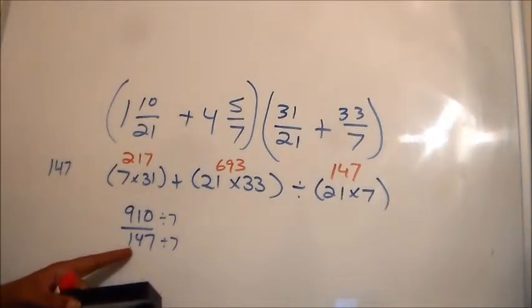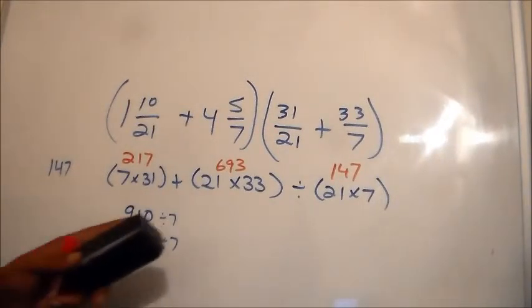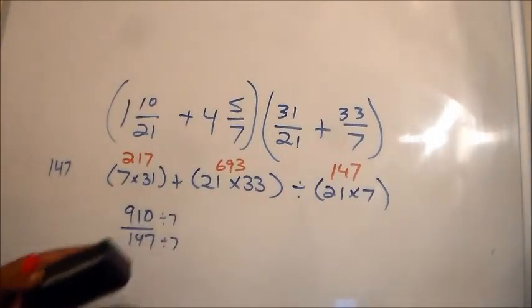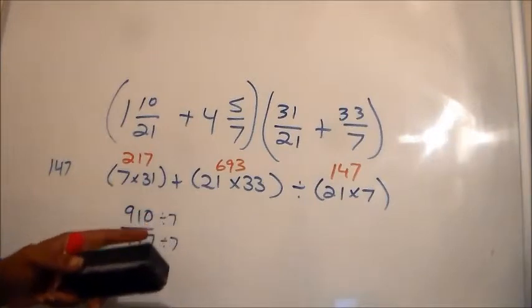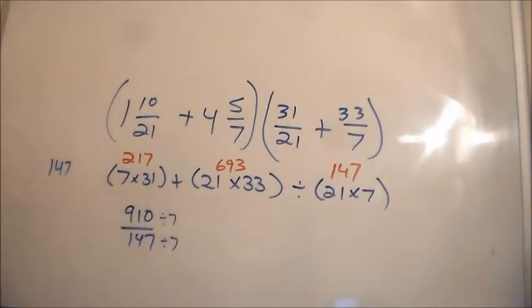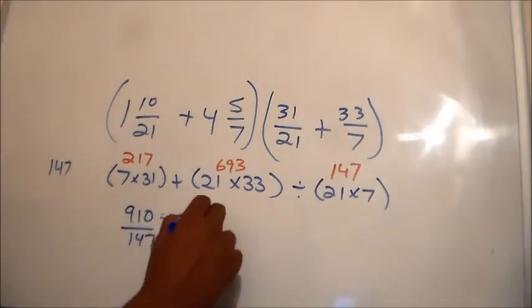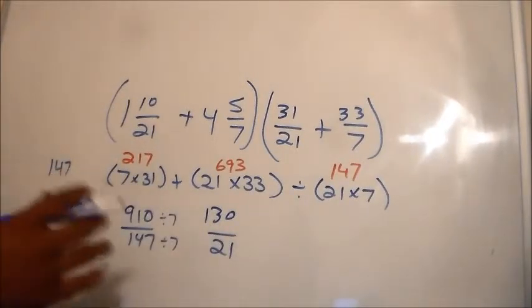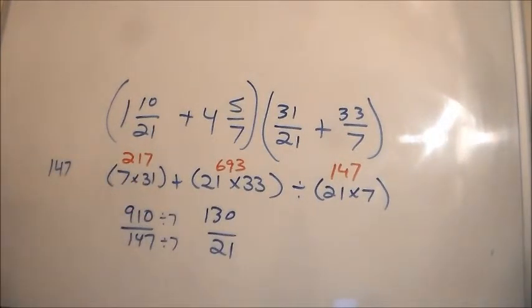We would keep playing, using up a lot of time, to come to the conclusion that both the numerator and the denominator could be divided by 7, and that would break our fraction down to 130 over 21. You can pause this and check it yourself, but it works.